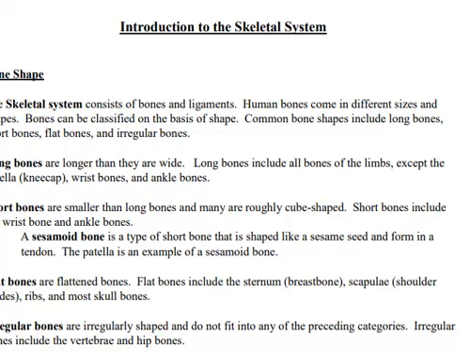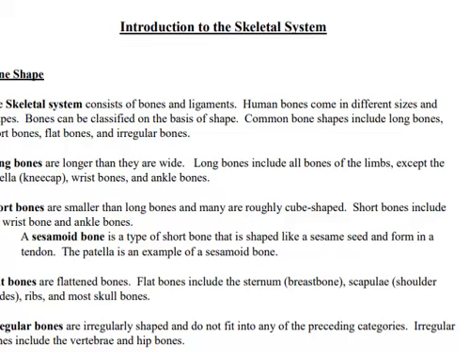And then your short bones are roughly cube-shaped, so that would be those bones in your wrist and your ankles. So your carpals and your tarsals would be short bones. And one of the short bones that's specifically shaped like a sesame seed is your kneecap. So your patella is an example of a sesamoid or sesame seed shaped bone.